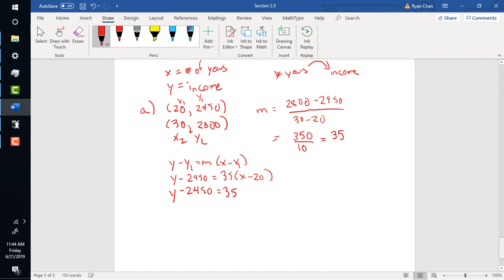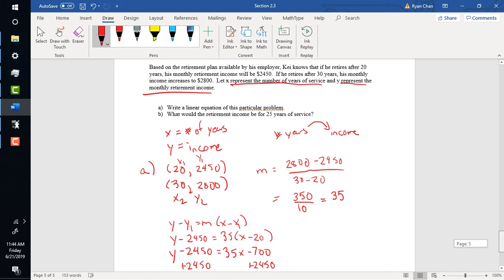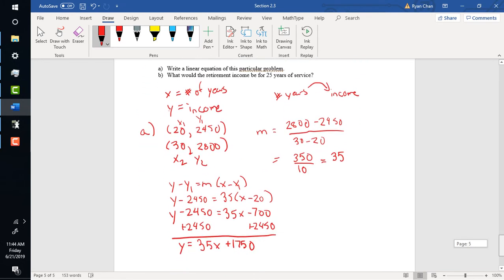That is 700, and then I'll add 2450. And so I have y is equal to 35x plus 1750. As you can see, that's not difficult. It's the same thing we've been doing the past 15 minutes, just in a slightly different context.